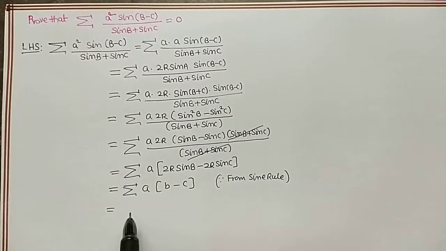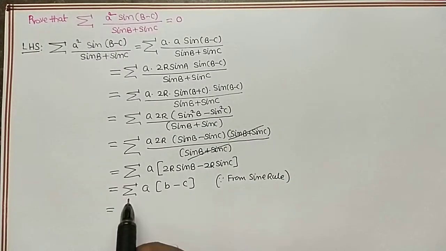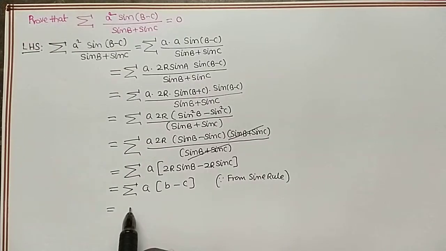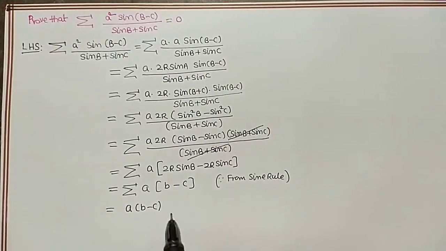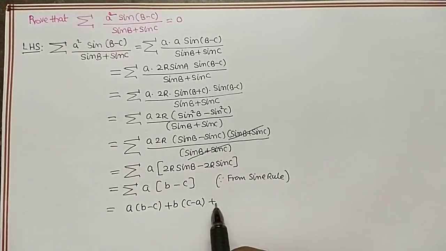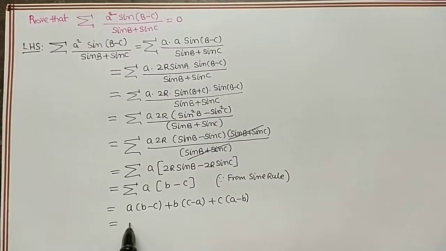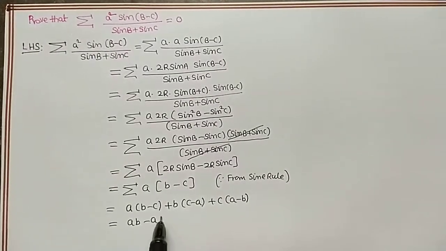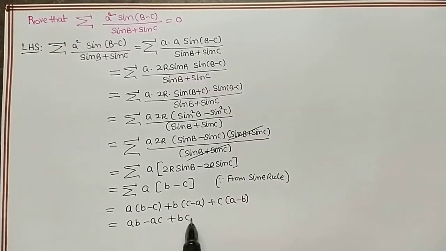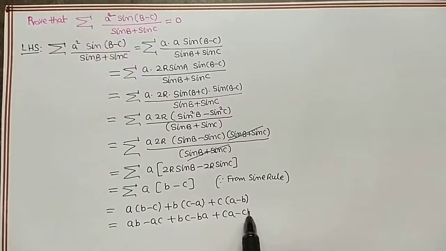So again, by using cyclic order, if we remove that sigma, it becomes a into b minus c plus b into c minus a plus c into a minus b. Actual multiplication: ab minus ac plus bc minus ba plus ca minus cb.